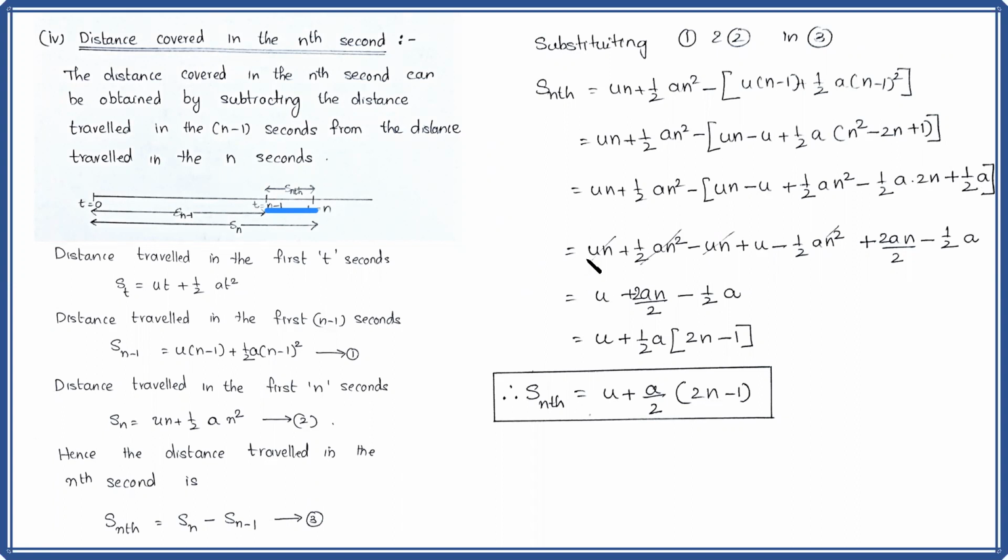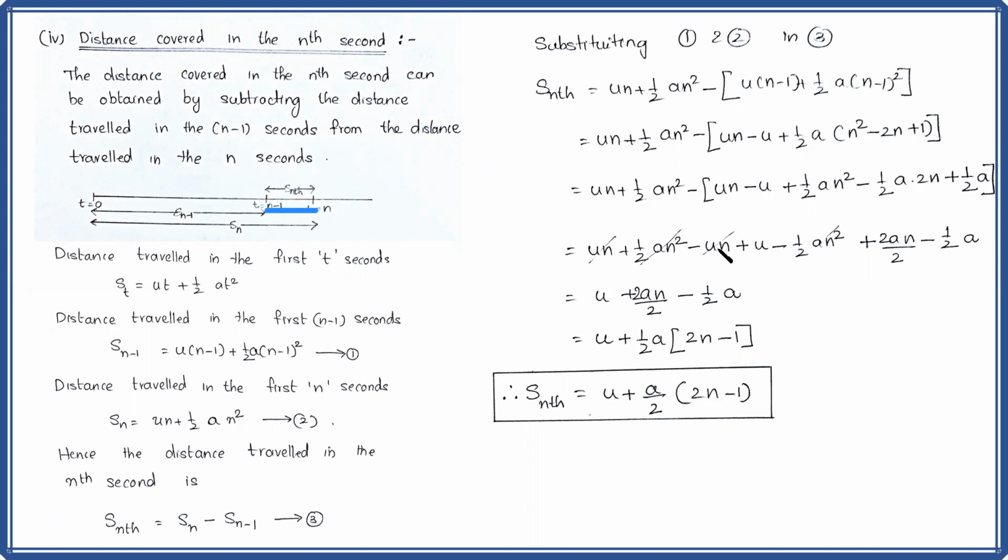Then let us take them out from the bracket, multiplying with the minus sign: un plus half a n square, minus un, minus into minus plus u, minus into plus minus half a n square, minus into minus plus 2an by 2, and then minus into plus minus half a.